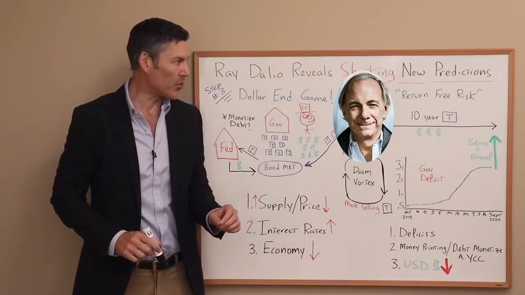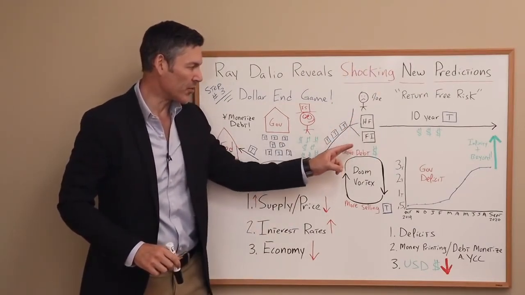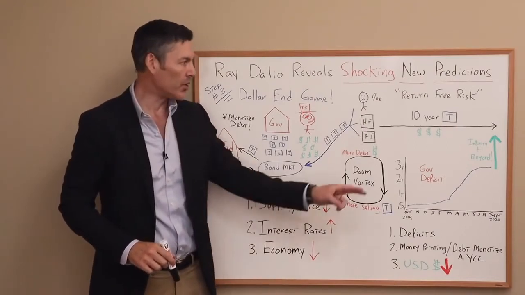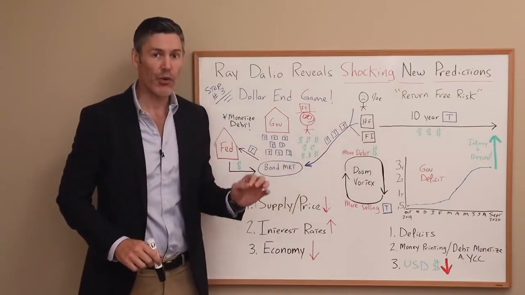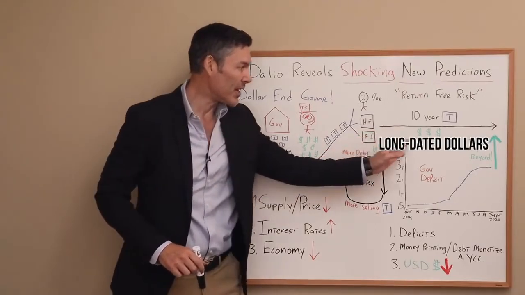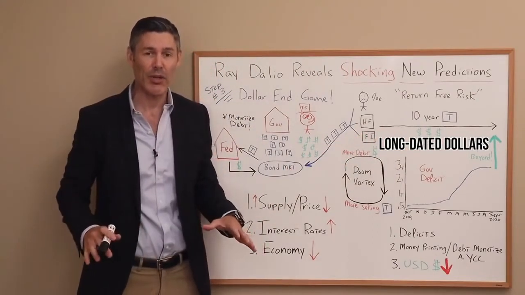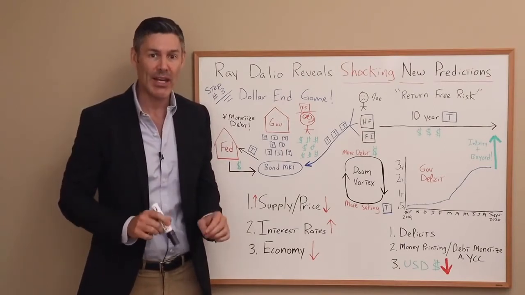Step number 3, the dollar endgame according to Ray Dalio. Like we said in step number 2, Ray believes that the average Joe, the hedge fund managers, the financial institutions, all of these entities holding treasuries, 10-year treasuries or government debt, are going to realize that they have long-dated dollars. And they're going to look at this and say, we don't want anything to do with it, when real interest rates are actually negative.